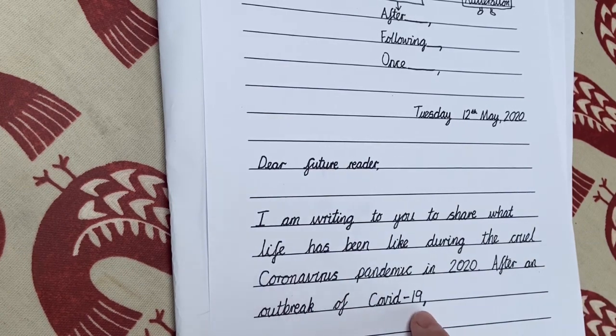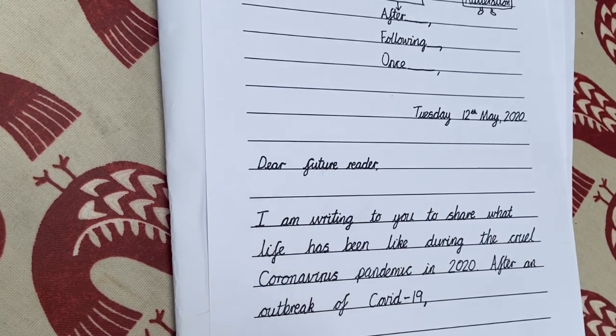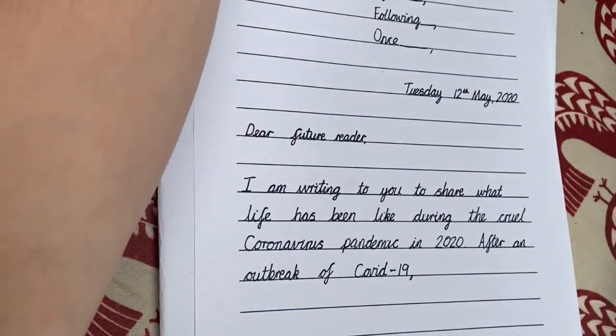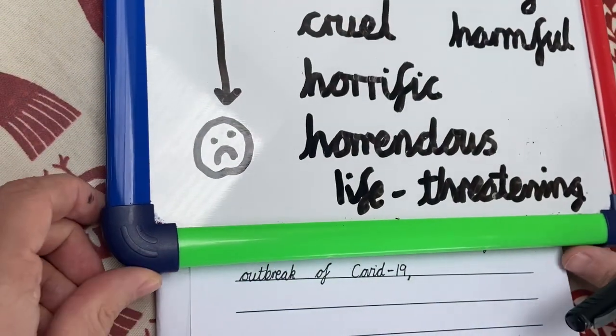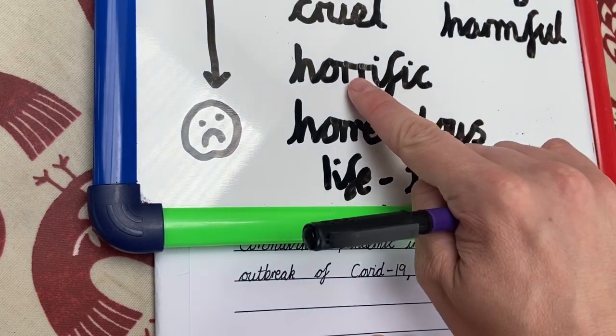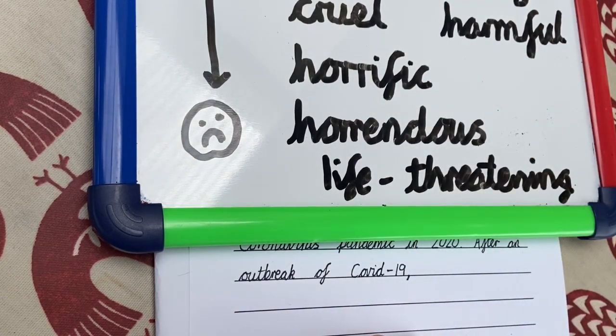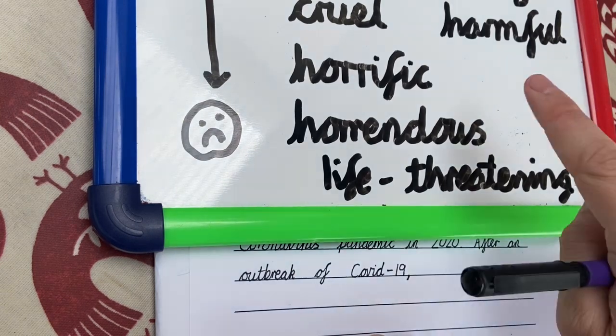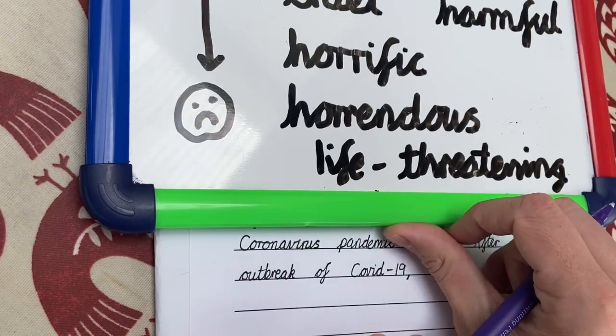And now I'm just going to add some detail to describe what COVID-19 is. So I'm going to use my horrible words to help me describe what it is. So is it a harmful virus? Is it a horrific virus? Horrendous? I'm going to go for horrific, harmful.